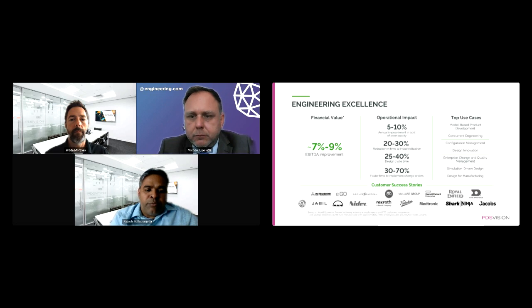And what we've seen is with the advancement of both graphics technology and AI, machine learning and deep learning, some of those simulation tasks can be brought forward. And you can talk to us on how we've helped some of our customers. This directly relates to that 25 to 40% reduction in design cycle time.